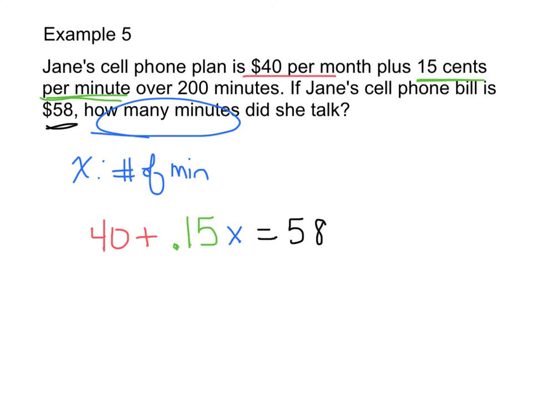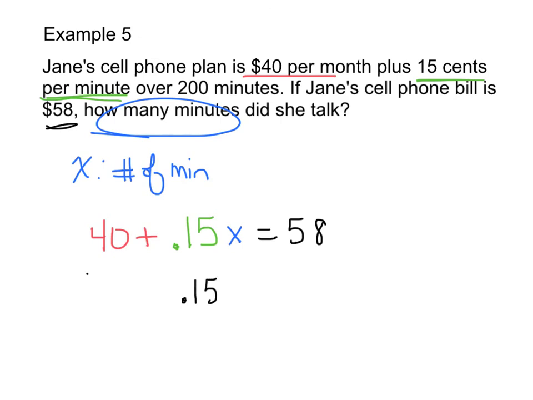So let's solve this. I have no parentheses, no fractions, no grouping symbols. So step 3 says combine like terms. Well, these are not like terms, so we're going to go to step 4. Step 4 says undo addition or subtraction. Well, we have plus 40. The opposite of plus 40 is subtract 40 on both sides.